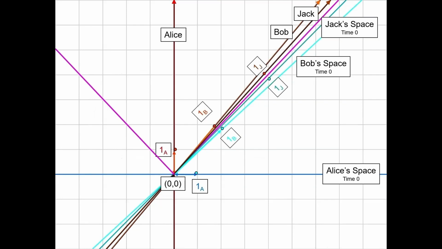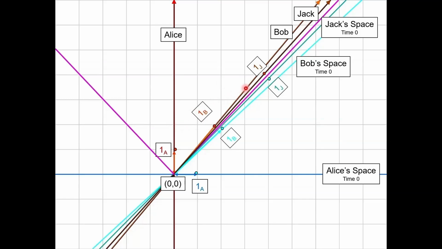Now, it could be a little bit confusing looking from our outside perspective, but the relationship is true between any two world lines. So if we look from Alice's point of view and we look at Bob, it has a certain speed in Alice's coordinate system, and accordingly, Bob's 1 second looks like 2 seconds for Alice.